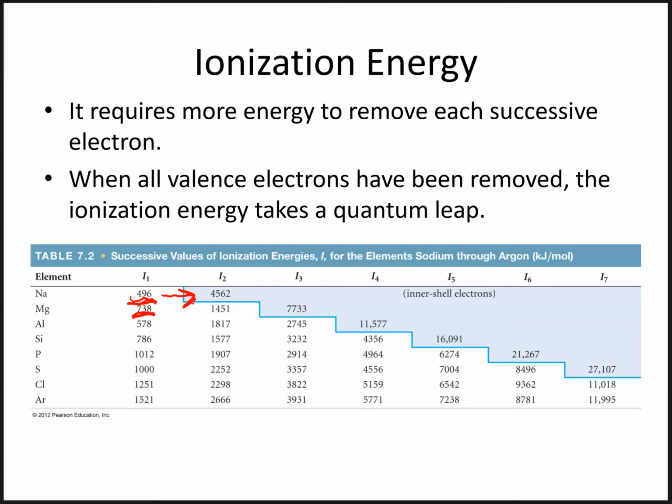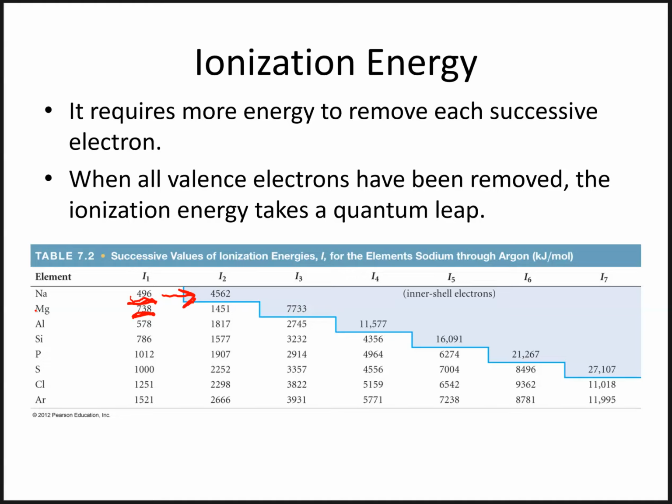Why is this? Well, sodium has 1 electron in its outer valence, and so the first electron is held on weakly and it's free to fall off or be stolen away. The second electron, now that's from the previous row's noble gas, and so we're talking about removing a core electron. Core electrons are simply electrons that are in the previous row or rows that come before the particular row you're on in the periodic table.